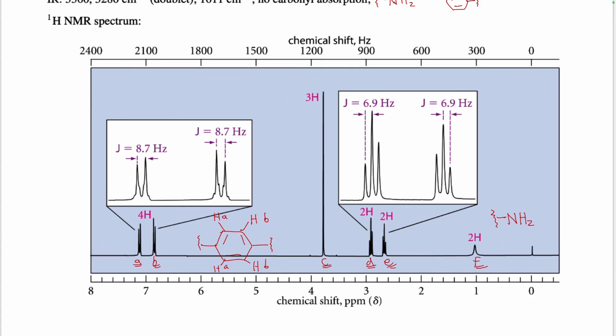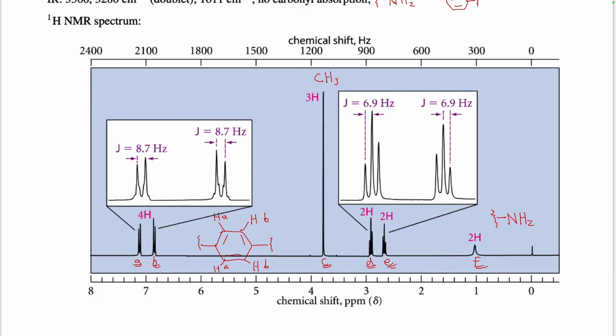That's pretty far downfield. It's a singlet and it's quite deshielded. Being 3 H's suggests it's a CH3. So I'm going to put that down, CH3. And if you think about what it could be attached to that would make it go that far downfield, that would have that big a chemical shift, it's got to be something pretty powerfully deshielding. Being attached to the aromatic ring wouldn't be enough.